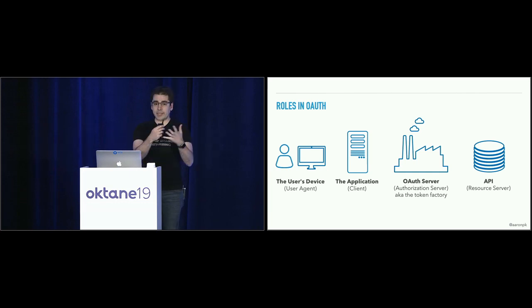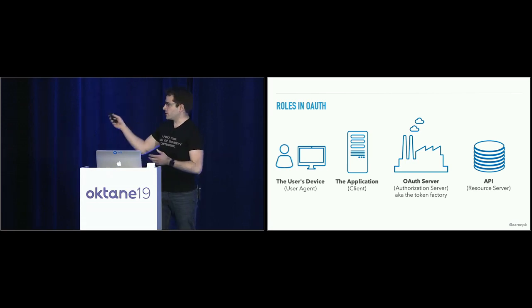There's some application that they're trying to use, like Yelp, or a web app, or a mobile app, or whatever kind of application that is, and that's called the client in OAuth terms. And then the OAuth server is the thing responsible for creating access tokens and asking the user if it's okay for this application to get an access token.